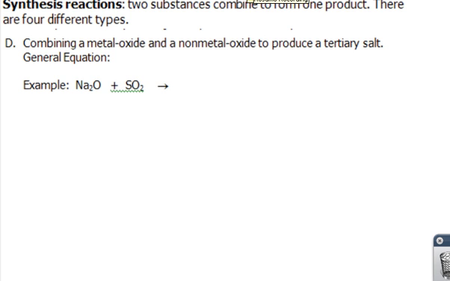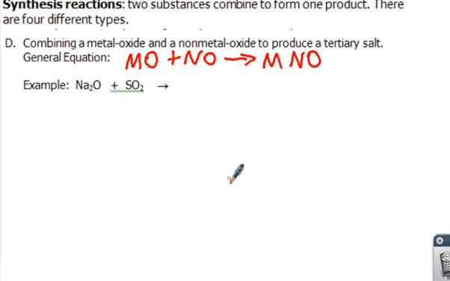This example is very similar to the last one. We have a metal oxide and a non-metal oxide. And we're going to put this all together, and we're going to make a metal with a ternary salt. And again, that means that it's a metal and some sort of polyatomic ion. General rule is we're going to put it all together and see if the metal and the polyatomic ion, if the charges balance out nicely.